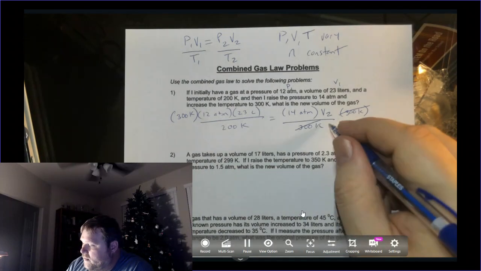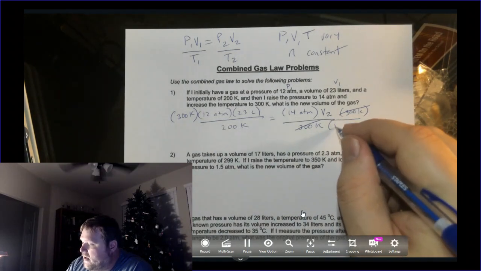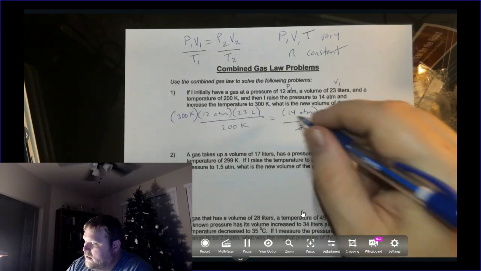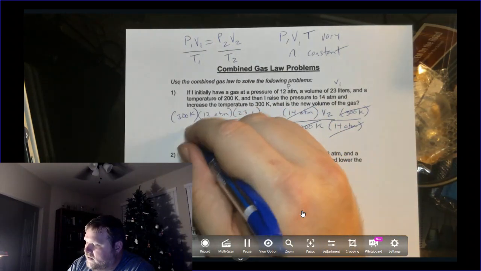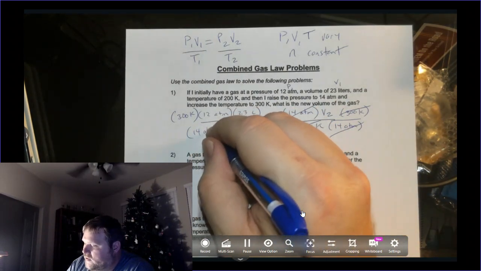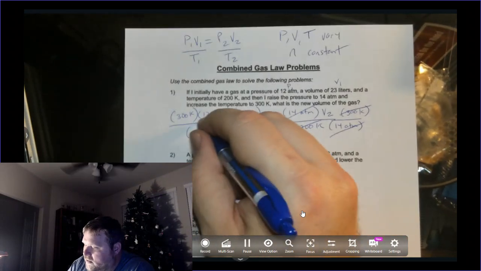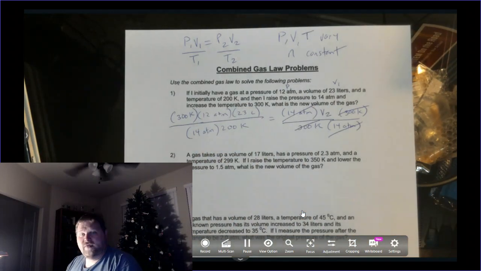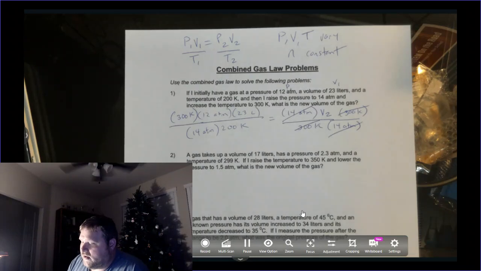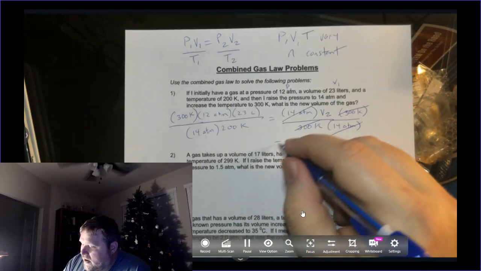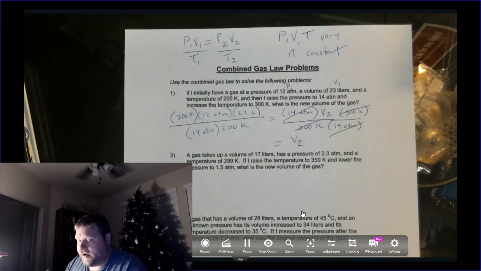And then I'm going to divide both sides by 14 atmospheres. So I've moved the numbers around before I've ever had to do any simplifying or use the calculator at all. Now that I've done that, I'm ready to just plug and chug.